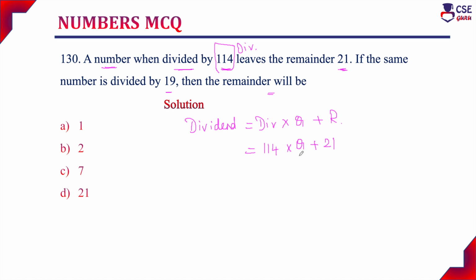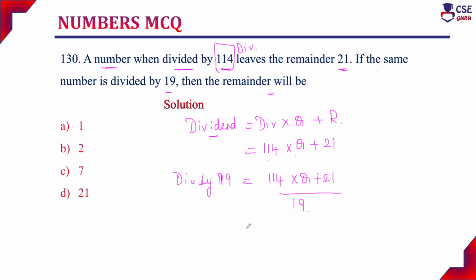If the same number is divided by 19, we consider 114Q plus 21 divided by 19.